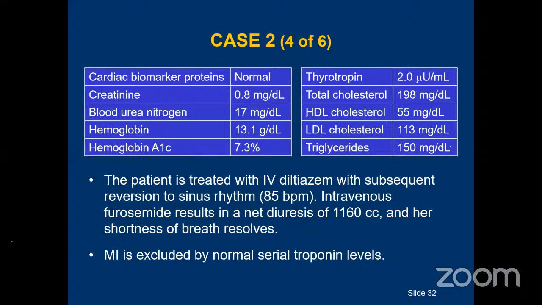The patient is treated with IV diltiazem with subsequent reversion to sinus rhythm, about 85 beats per minute. Intravenous furosemide results in net diuresis of 1,160 cc, and her shortness of breath resolves. So basically, she has improved. MI is excluded by normal serial troponin levels.